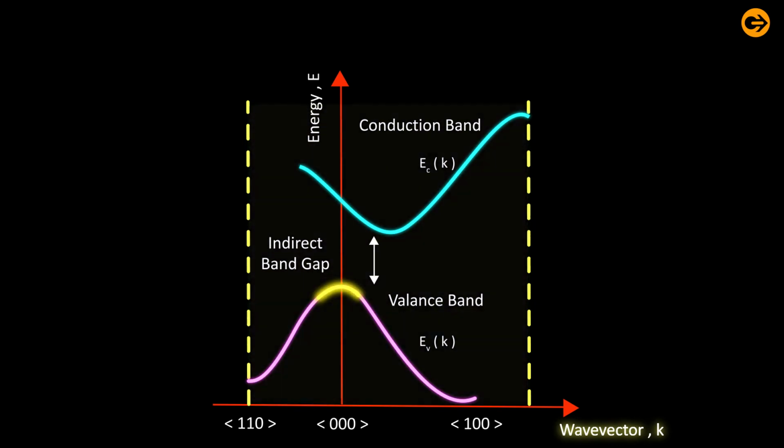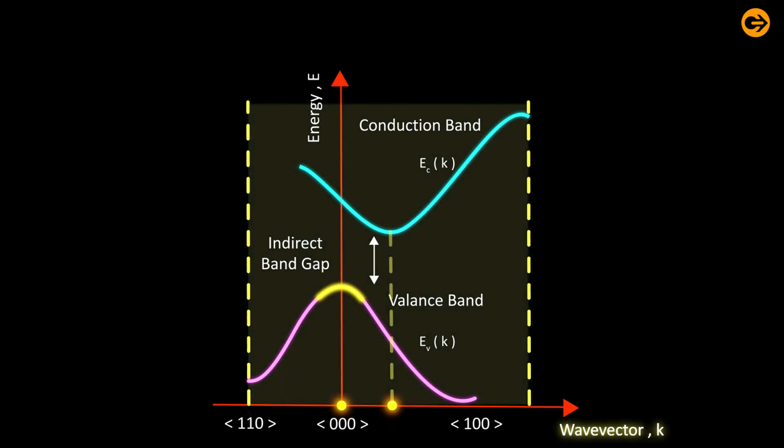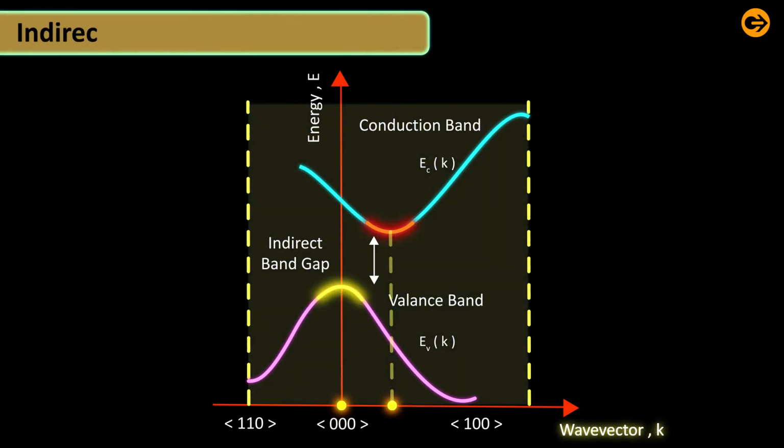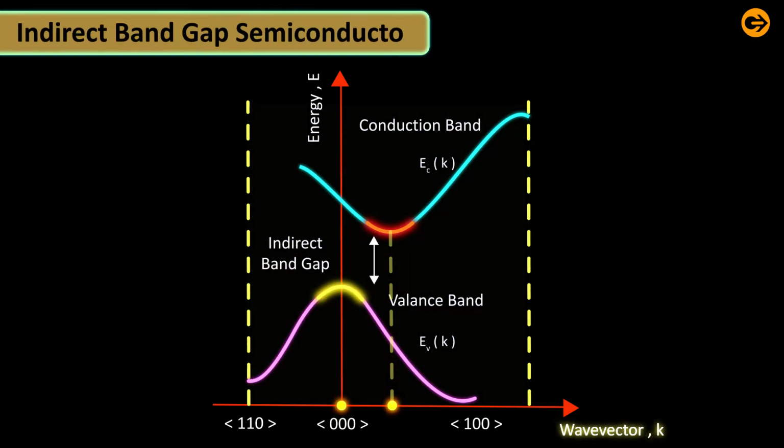When the maximum energy of the valence band occurs at a different wave vector to the minimum of the conduction band, it is called an indirect band gap semiconductor.